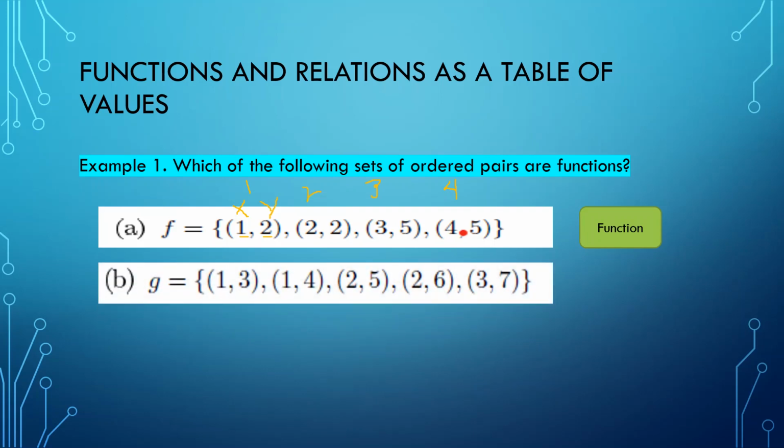Next, we have a set G containing the ordered pairs (1, 3), (1, 4), (2, 5), (2, 6), (3, 7). This is not a function since for x equals 1, the corresponding y values are 3 and 4.